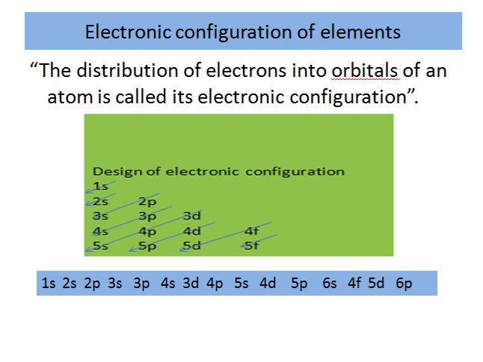Let's give another example, potassium. Potassium has the atomic number 19, which means the total number of electrons present on potassium is 19. So the electronic configuration is 1s2, 2s2, 2p6. It covers 10 electrons. After that 3s2, 3p6. It covers 18 electrons.